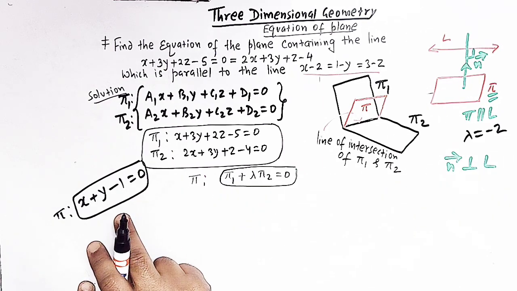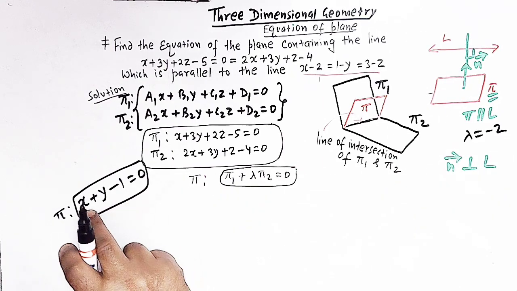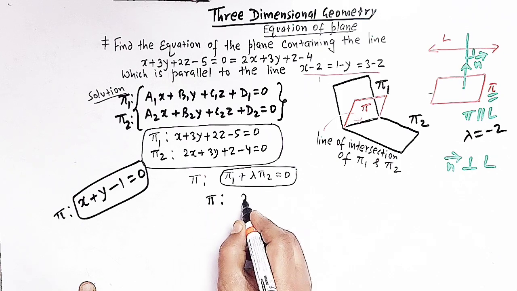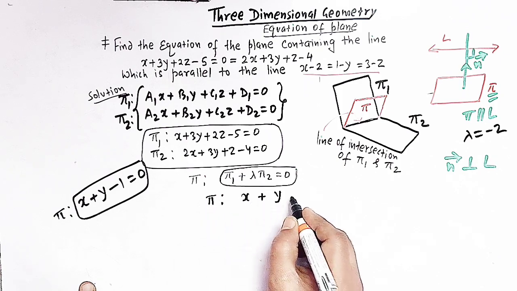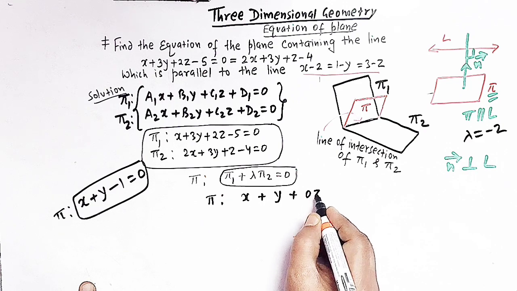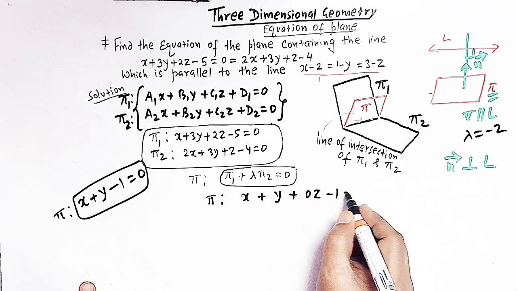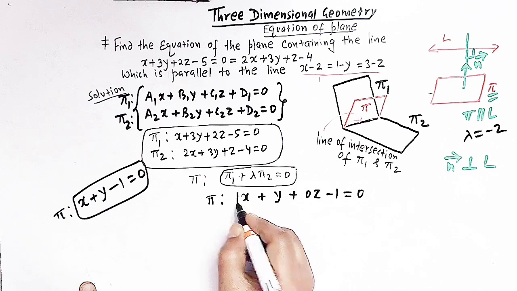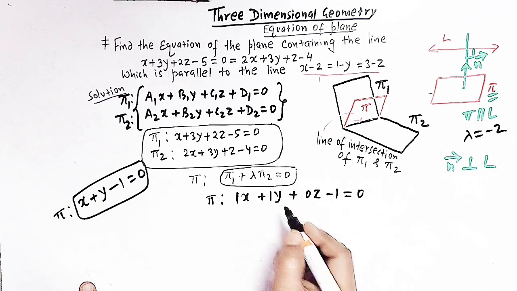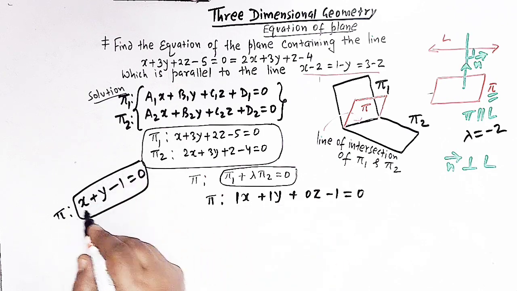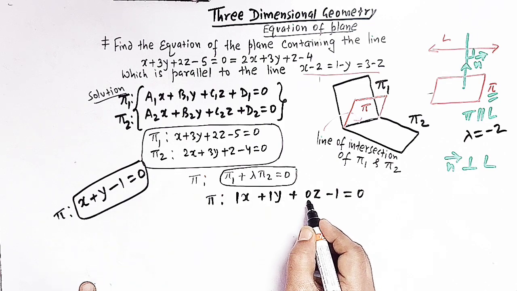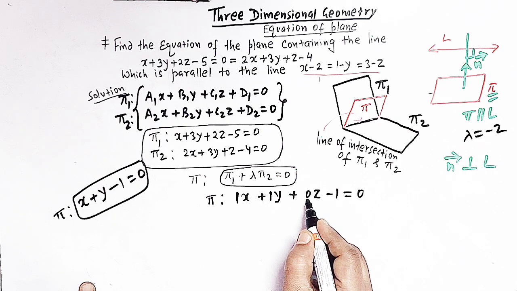Now it is important to note that this equation can also be written as x plus y plus 0z minus 1 is equal to 0. The coefficient of x is 1, the coefficient of y is 1, and this equation is independent of z, so we can write 0z, that is the coefficient of z as 0.